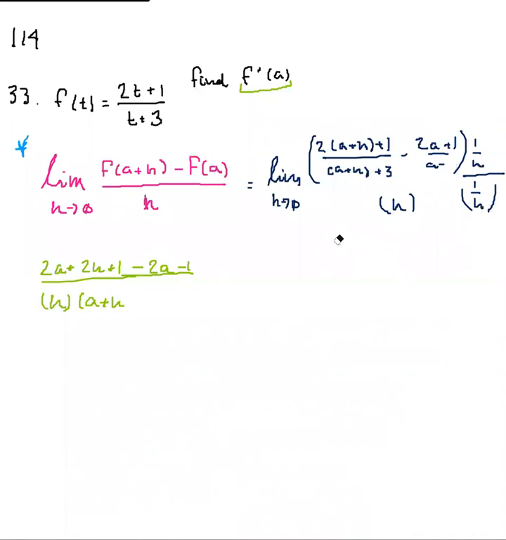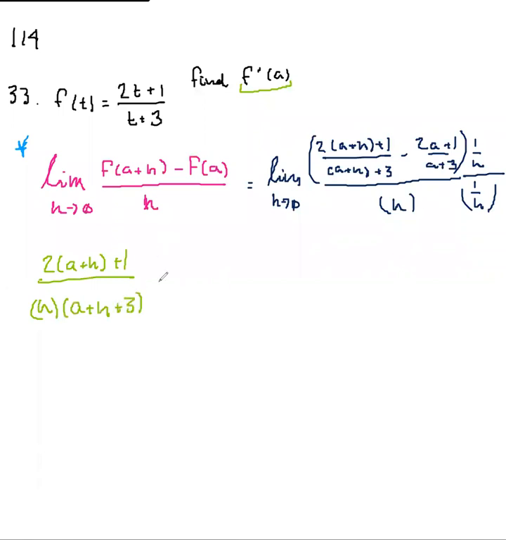Okay. So you did that 1 over h thing. I'm going to go back just a little bit. So you ended up with 2a plus h plus 1 over h, a plus h plus 3. And you can kill these because they're extraneous.